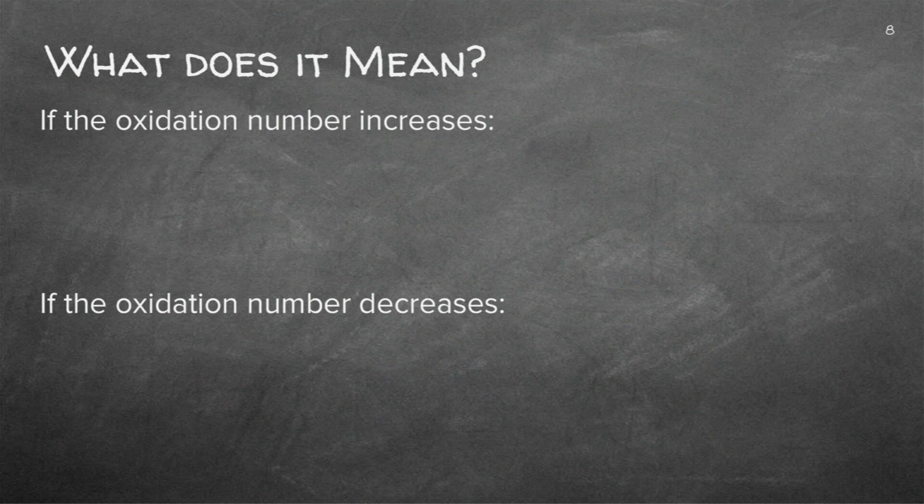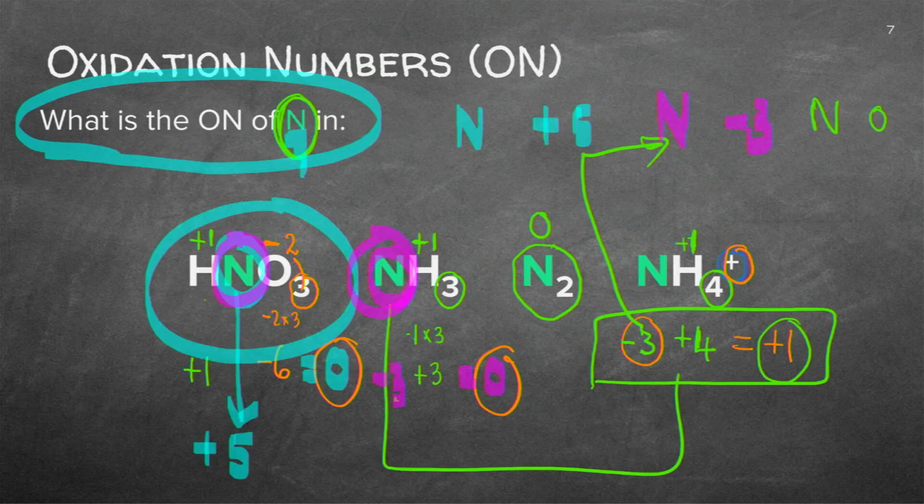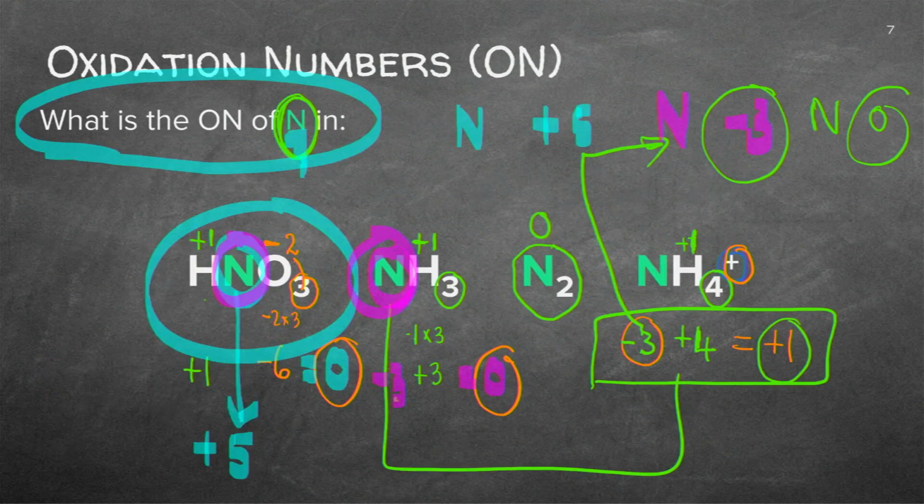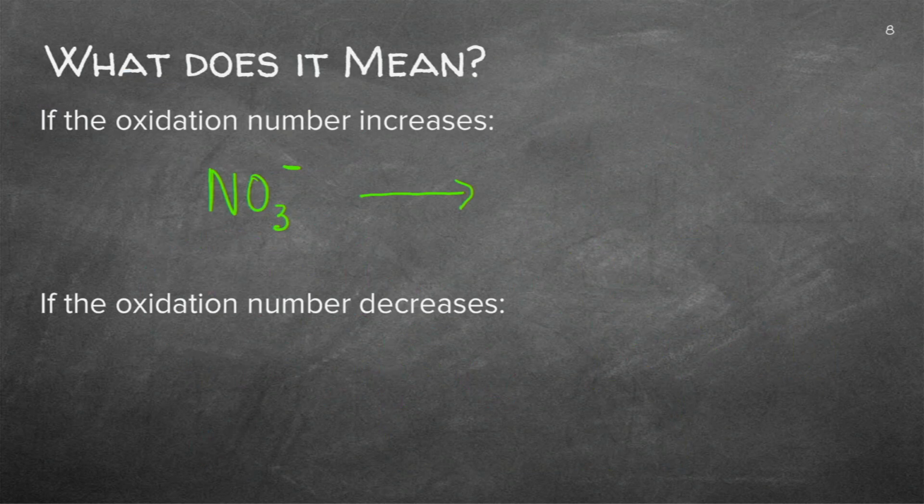Let's practice it again. If the oxidation number increases, now remember what we did just now. We had, for instance, a -3 going to a 0. Let's write that down. It's NH3.